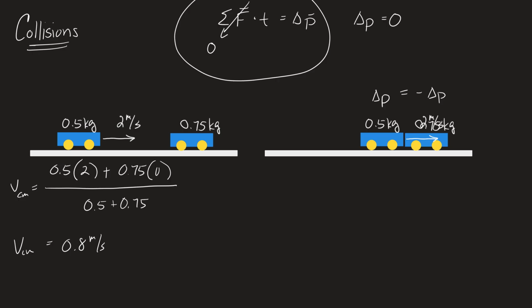Now, I don't want to make this super hard because it's not particularly tough. But if we look at this, if this is car 1 and this is car 2, then I have P final for car 1 minus P initial for car 1, all the P1s on one side, equals minus P final for car 2 minus P initial for car 2.